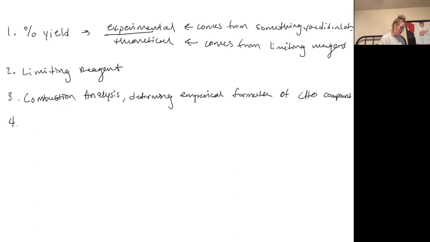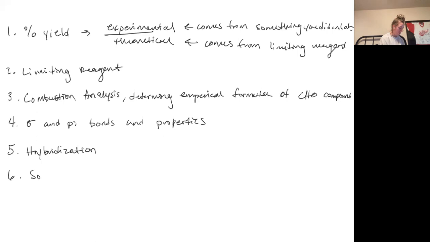You want to know your sigma and pi bonds and properties. And you want to know hybridization. You want to know your solubility chart or how to use it. You want to be able to predict your products.